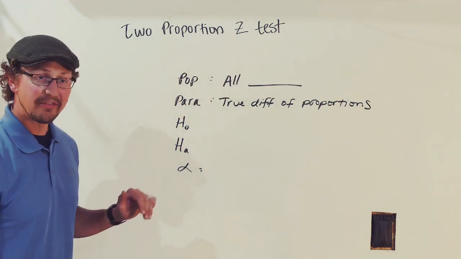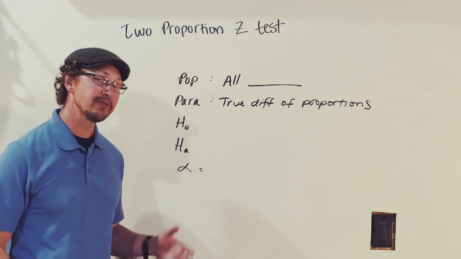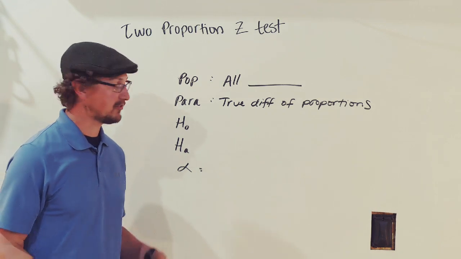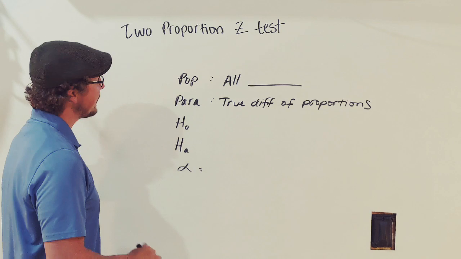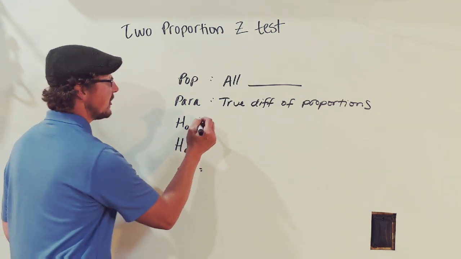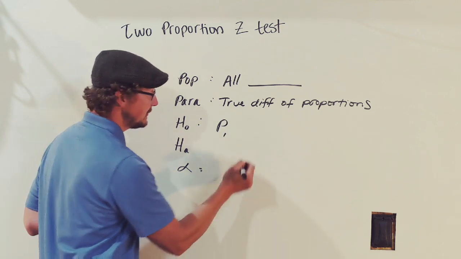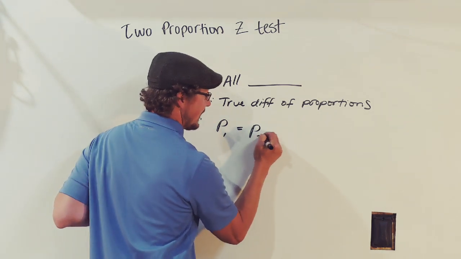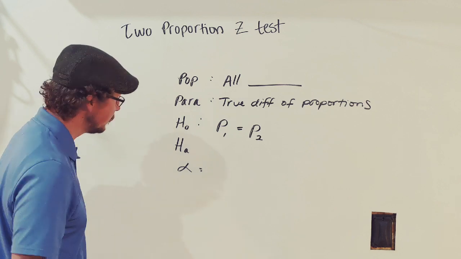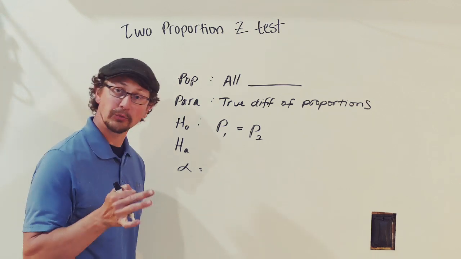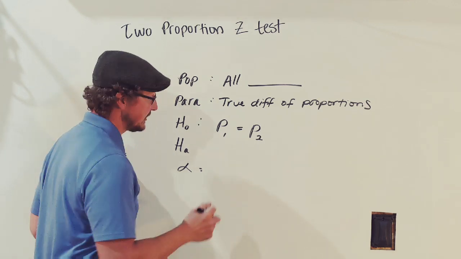Our null hypothesis is where things get a little bit different from a one-sample proportion test. When we're talking about a null hypothesis comparing two proportions, it's going to look like this. The proportion of population 1 is the same as the proportion of population 2. Now our alternative has 3 different ways that it can unfold.